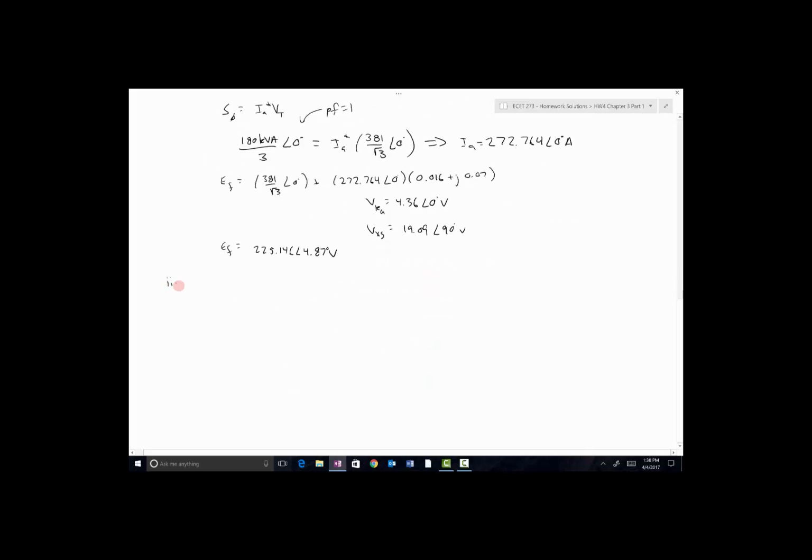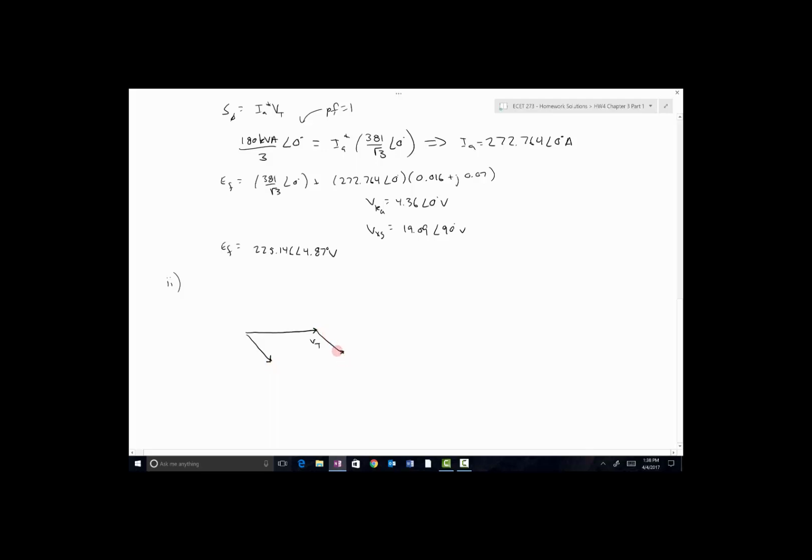So in part 2 of section B, we've got a lagging power factor. I'm going to draw a phasor diagram for a general lagging power factor. Remember, the terminal voltage is our reference here. We've got IA right here.